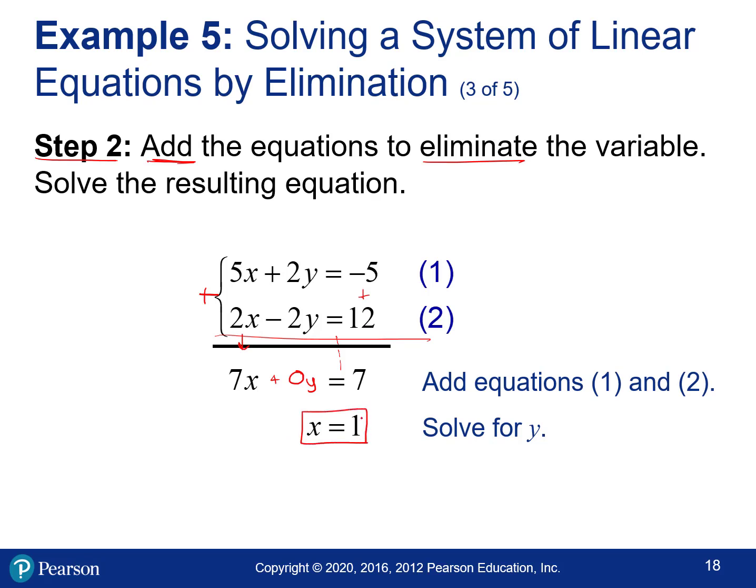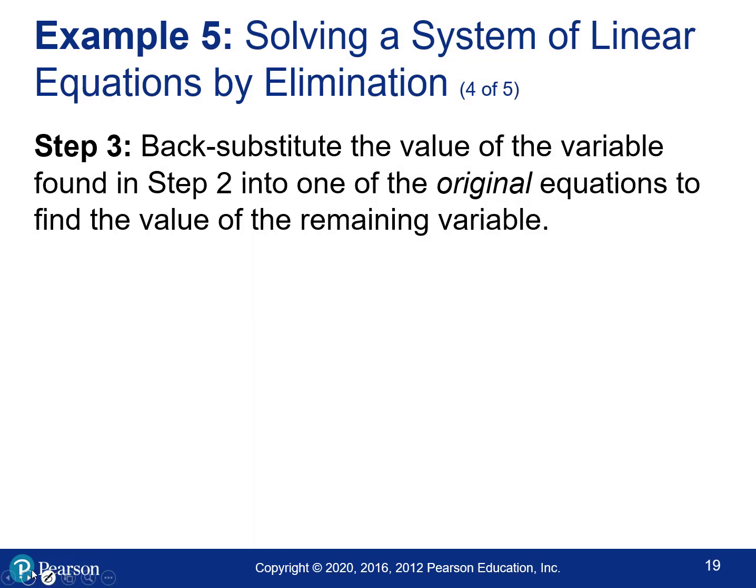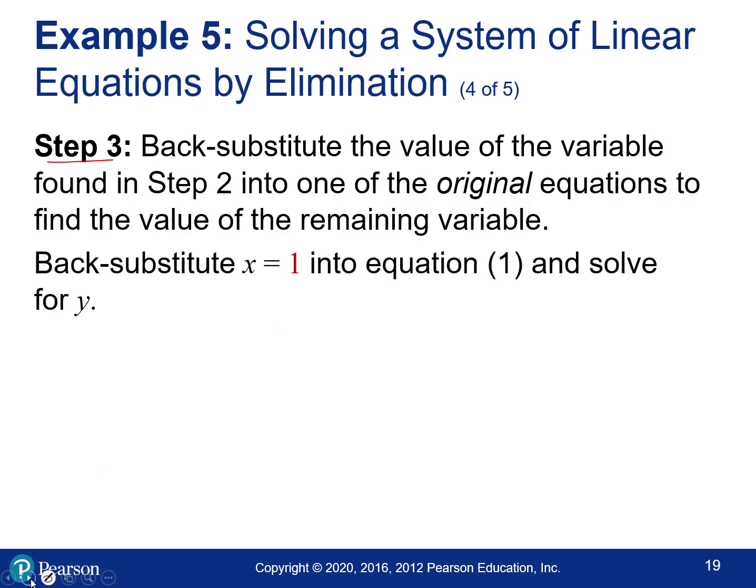We're almost done. We've already found one of our variables. We made the choice to eliminate y, so that's why we got the second equation to have a negative 2 in the front, so that when we add, this becomes 0. Then step 3, we need to substitute what we got so that we can find the other variable. So we know that x is 1. Plug it into either of the equations.